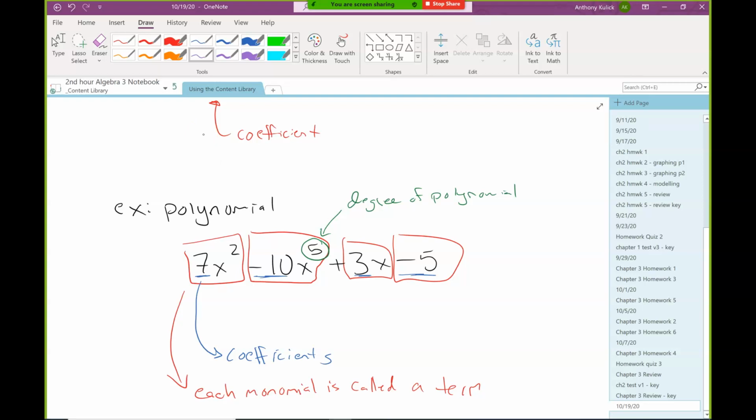And the coefficient for the monomial term with the biggest exponent gets a special name. We call this the leading coefficient.